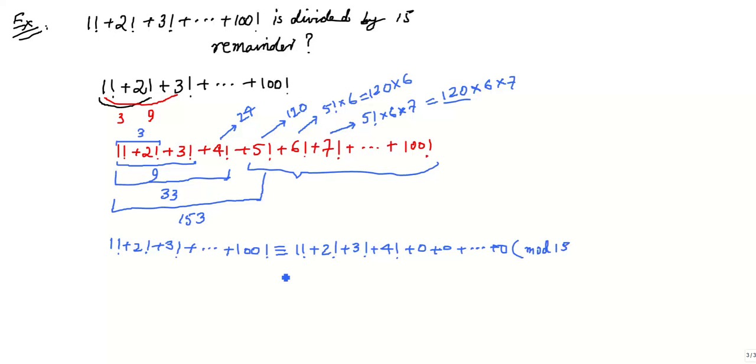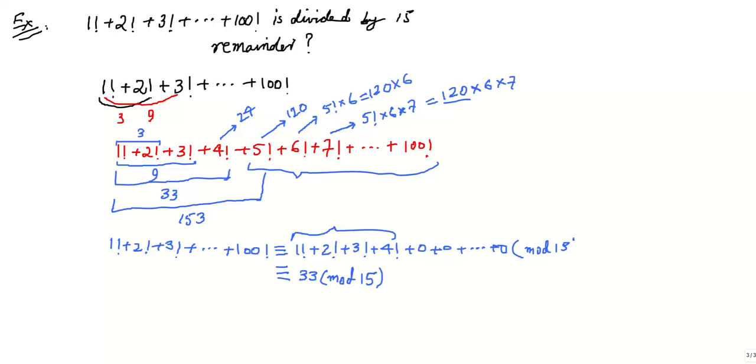Okay, let's solve this sum. We have already calculated this sum, and it is 33. So, 33 modulo 15.